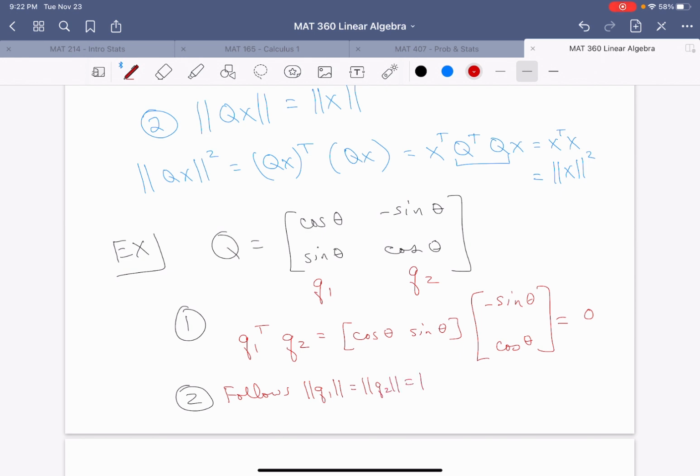Well, let me see, I didn't really write that correctly. Let's do it this way. This is true. This follows from the basic Pythagorean identity, right? Sine squared theta plus cosine squared theta is equal to 1. Okay, so there's a simple example of an orthogonal matrix.